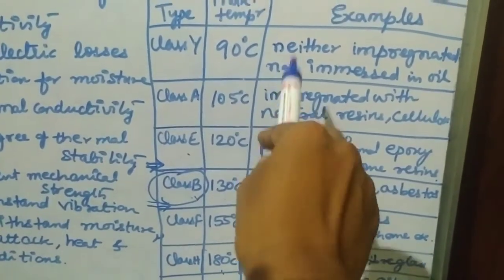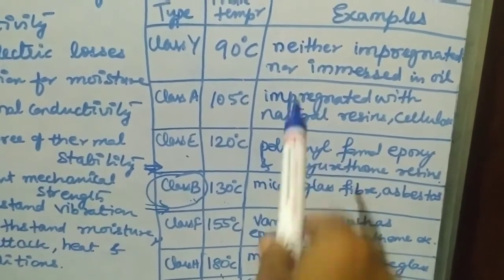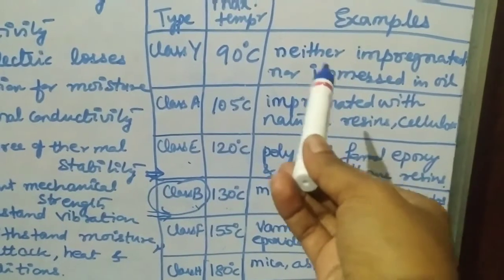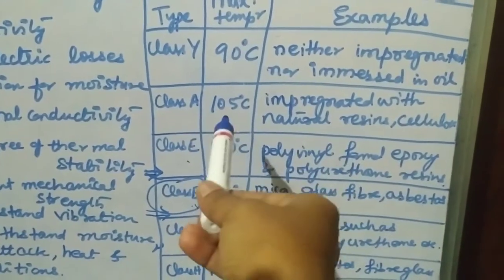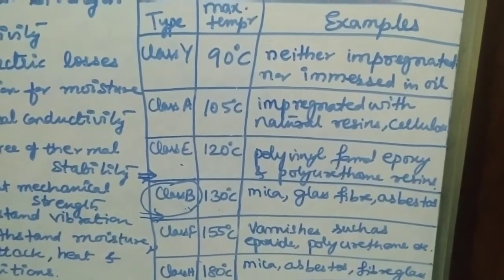So examples, if you start at the beginning for class Y, definitely the same examples will hold good for class A. Okay, so now let us discuss what class Y is.